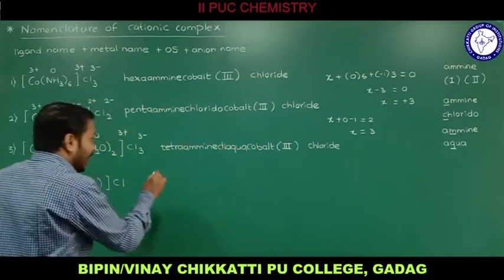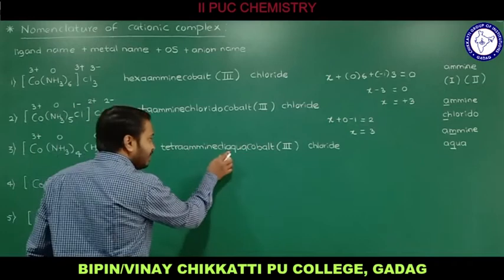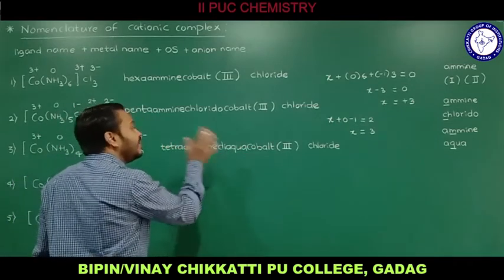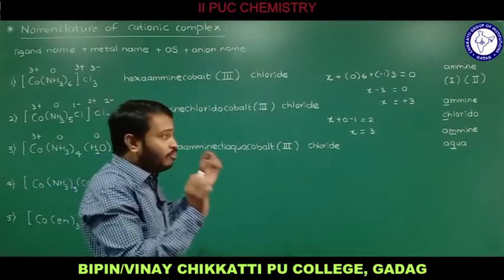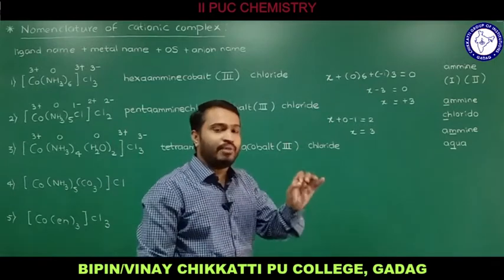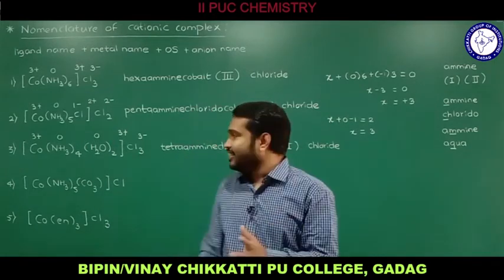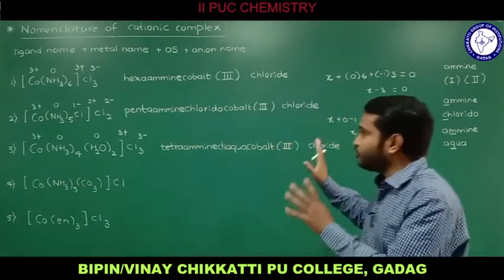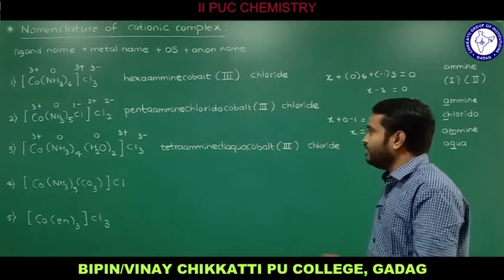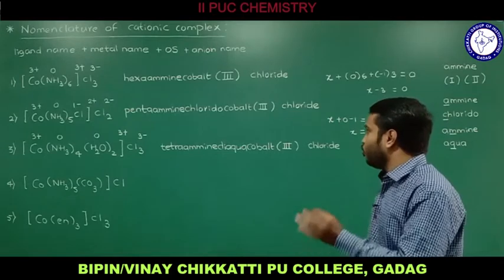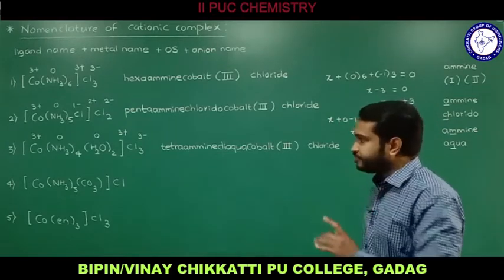See here, I followed amine, but not tetra and di. Try to know alphabetical order of ligands we write, but not the prefixes of ligands. Don't confuse with that. So that is how IUPAC nomenclature of the third example, tetraamine diaqua cobalt 3 chloride.